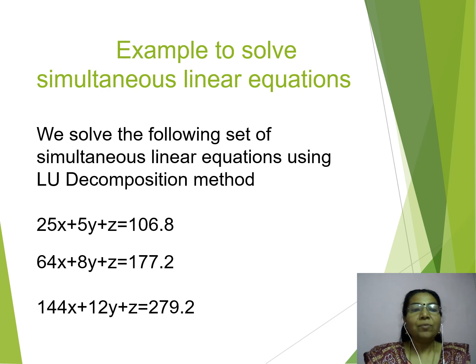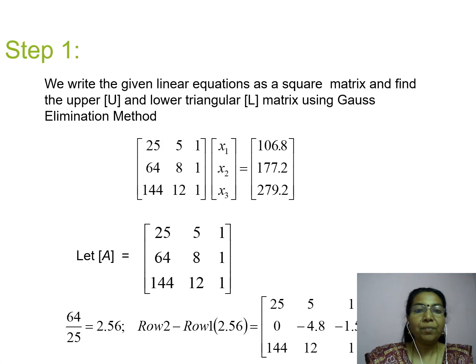Now we can see an example to solve simultaneous linear equations. Here is a set of equations: 25x + 5y + z = 106.8, 64x + 8y + z = 177.2, 144x + 12y + z = 279.2. Now we are going to solve this using the LU decomposition method.